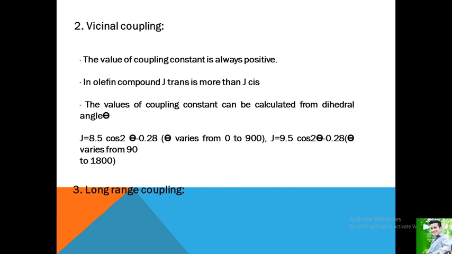In pi bond systems, appreciable coupling is frequently observed between protons separated by even 4 or 5 bonds.